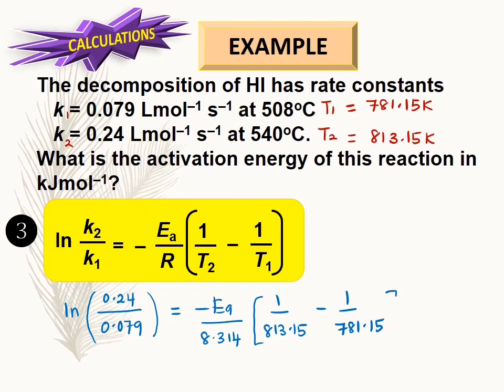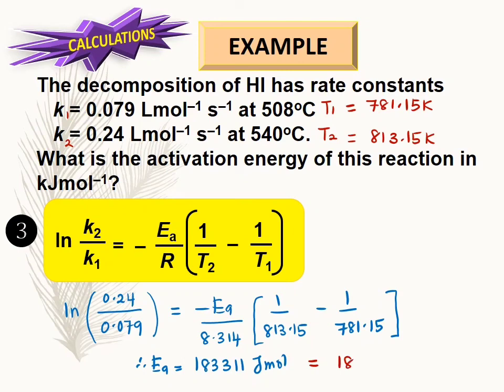Okay, so press your calculator. Be careful, ini pun nak main pindah-pindah unit, pindah-pindah nilai pun ada yang tak reti pula kan. So awak akan dapat EA dalam joule per mole dulu. Awak akan dapat 183,311 joule per mole.